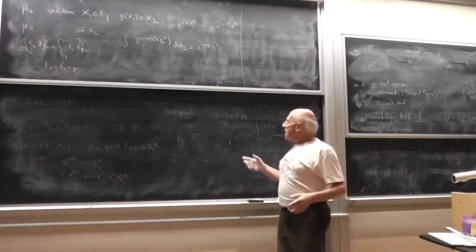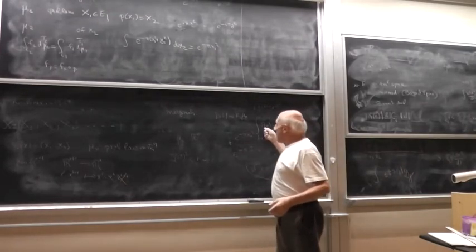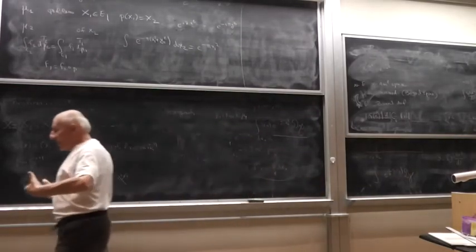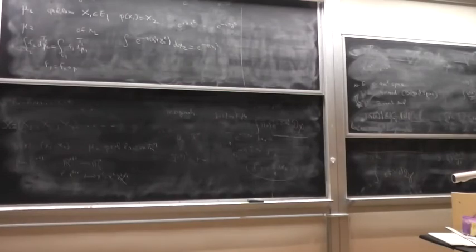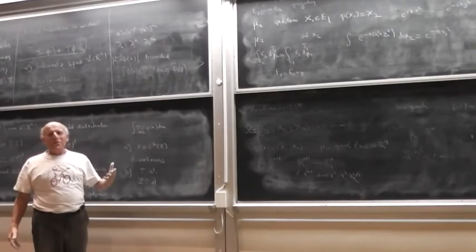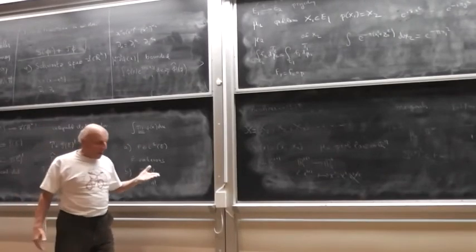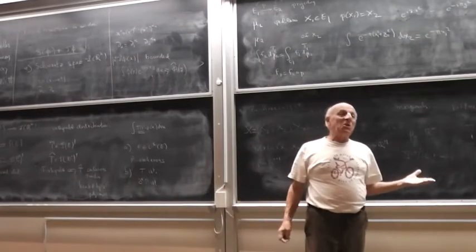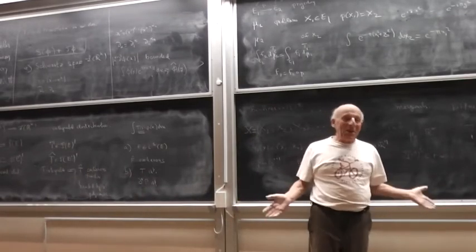On the other hand, if f of x depends on a parameter, the smoothness properties of the dependence of the integral are not yet established. You have some easy cases, but there are difficult cases which are connected with, let's say, the convergence of the perturbation expansion. At the moment, you can see it.